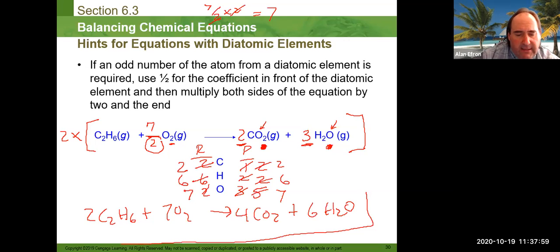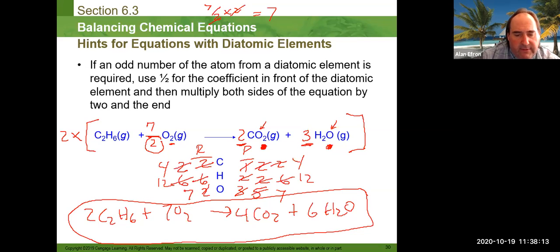And if we didn't mess up anything here, we should still be balanced. So we have 4 carbons on the left, 4 on the right, 12 hydrogens on the left, and 12 on the right, and 14 oxygens on the left. On the right-hand side, 8 oxygens there, and 6 more give me 14. So this would be our properly balanced equation.